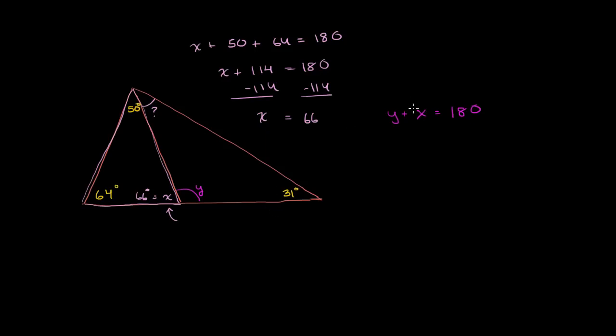And we know x is equal to 66 degrees. So we can subtract 66 from both sides, and we get y is equal to 180 minus 66, which is 114. And that number might look a little familiar to you. Notice this 114 was the exact same sum of these two angles over here.